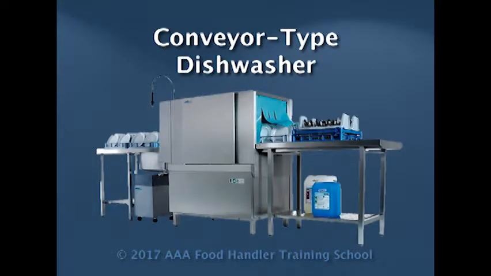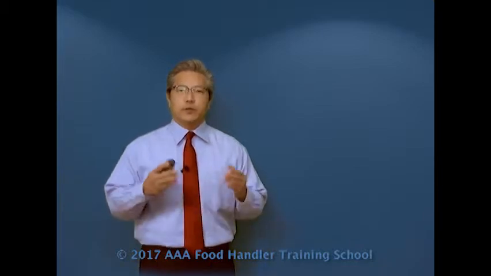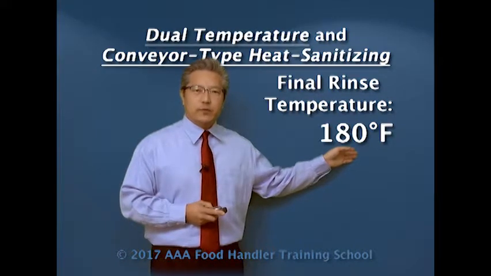And in a conveyor type, the rack is actually going through the machine and then finally exiting out of the machine. So it's moving through the machine. That's a conveyor belt type. And that also, the temperature is fluctuating. So in those situations, those types of machines, the final sanitization temperature is required to be 180 degrees Fahrenheit.